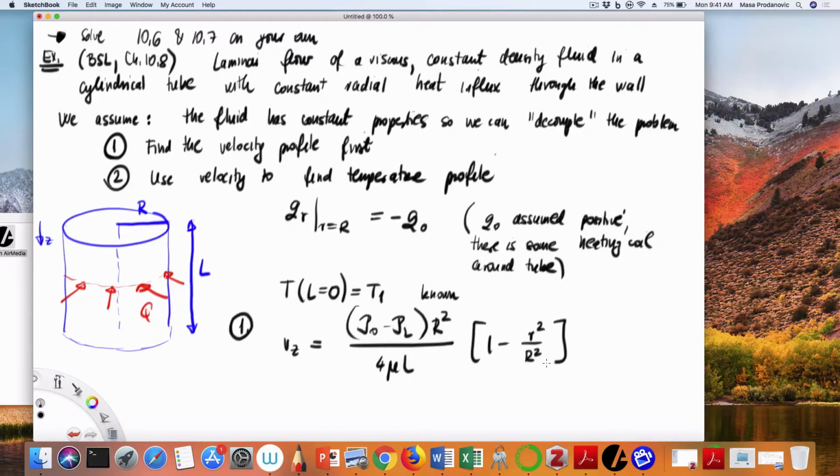So it's my parabolic profile, and I'm just going to refer to this as vz maximum times 1 minus r squared over R squared, for simplified writing. So this much is simple.